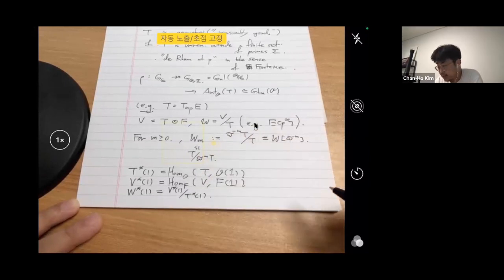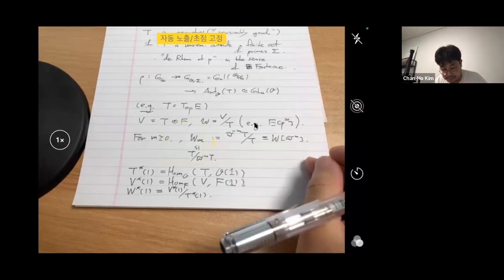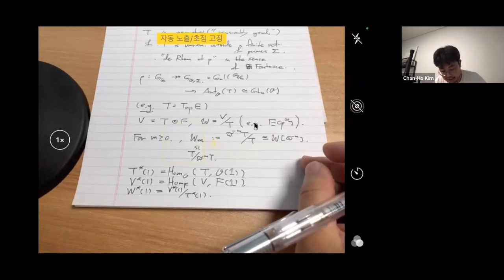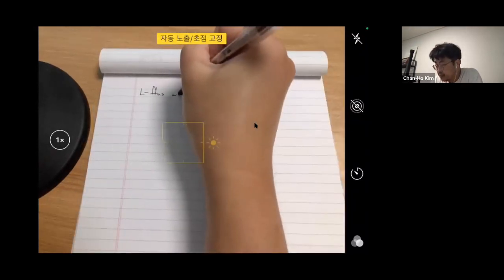That's how I define the dual side. Then the corresponding L-functions and Selmer groups can be defined as follows. And Selmer groups.